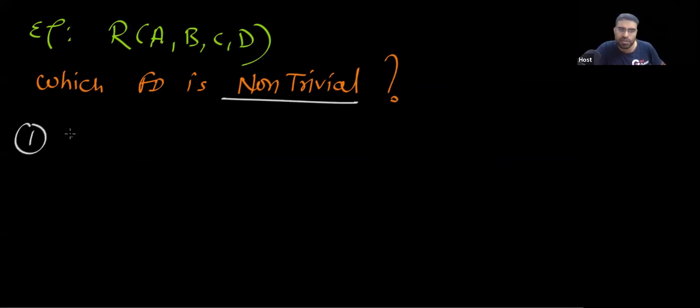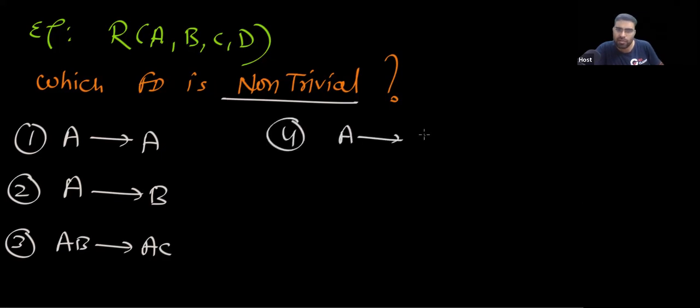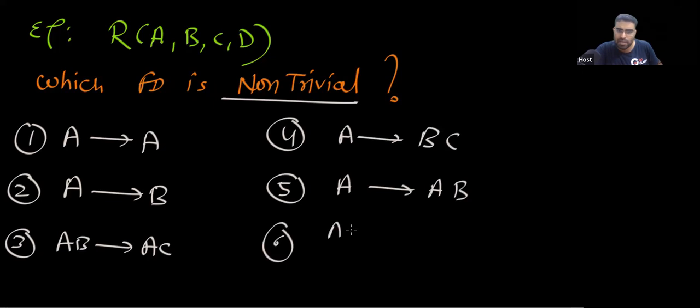For example: A determining A. Another: A determining B. AB determining AC. A determining BC. A determining AB. AB determining CD.